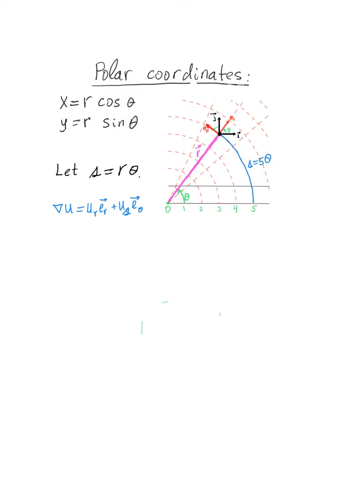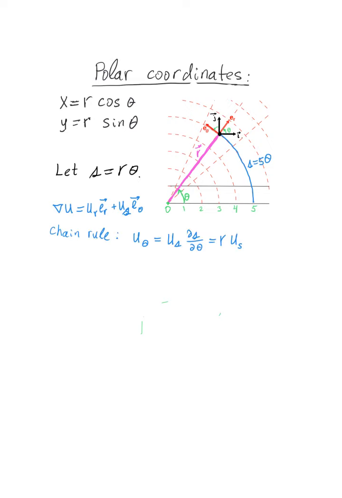So that partial derivative in the tangent direction is with respect to the distance covered along the circle, so with respect to s. Okay. Now let's express this in terms of the partial derivative of u with respect to theta.